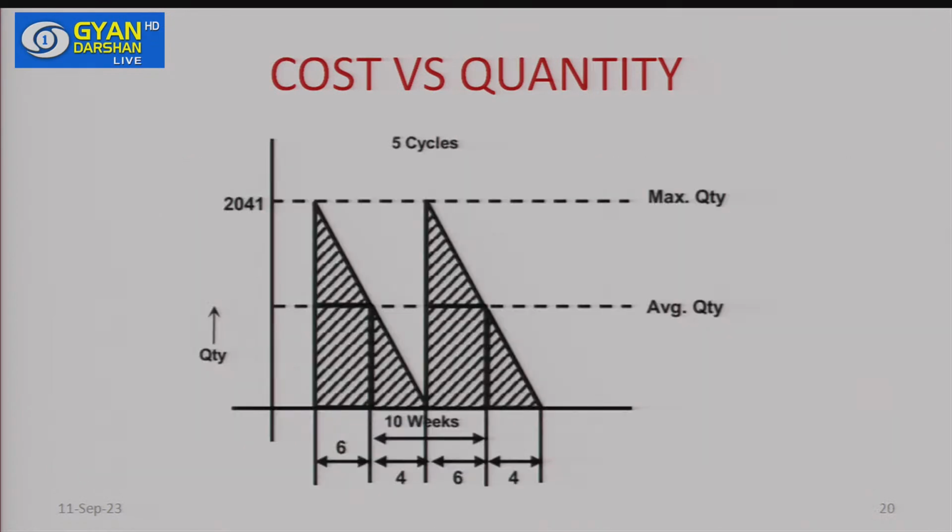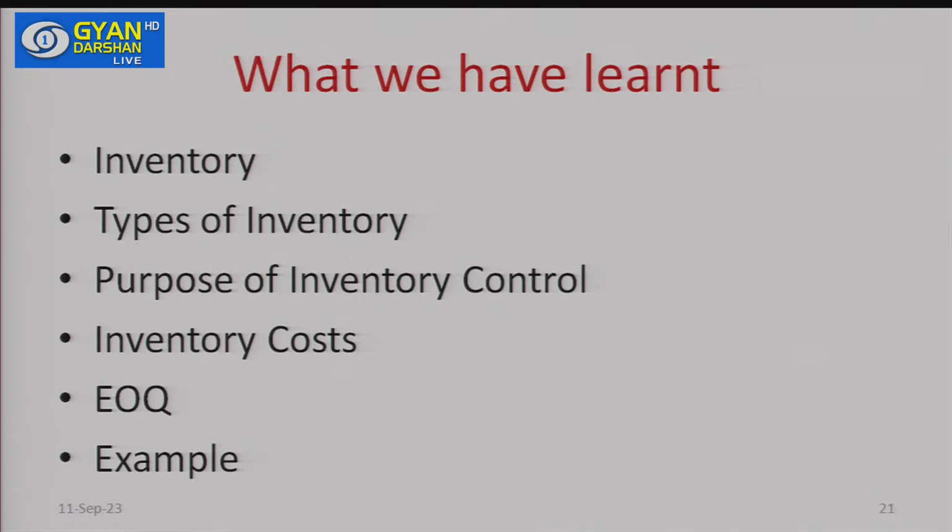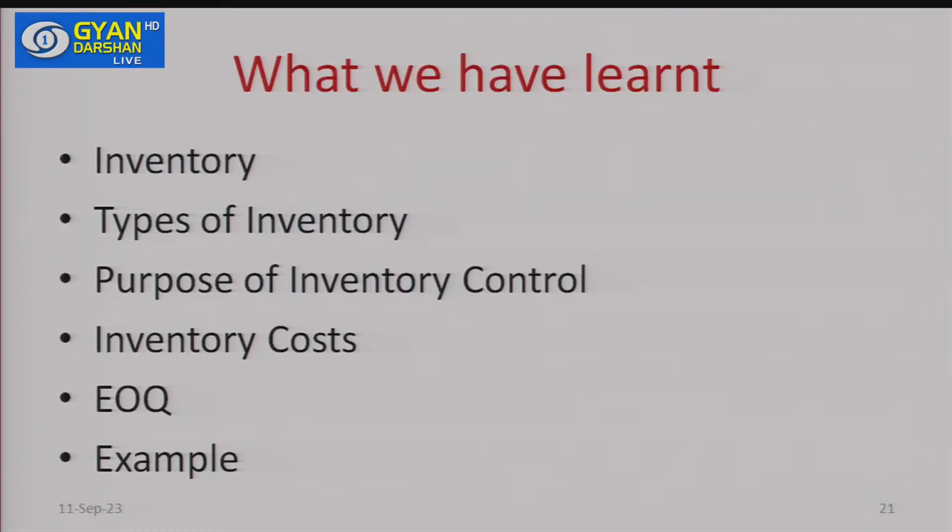In this session we have learnt about inventory, types of inventory, purpose of inventory, various types of inventory cost, and what economic order quantity is. And with the help of one simple example, we have tried to explain how you will calculate the economic order quantity.